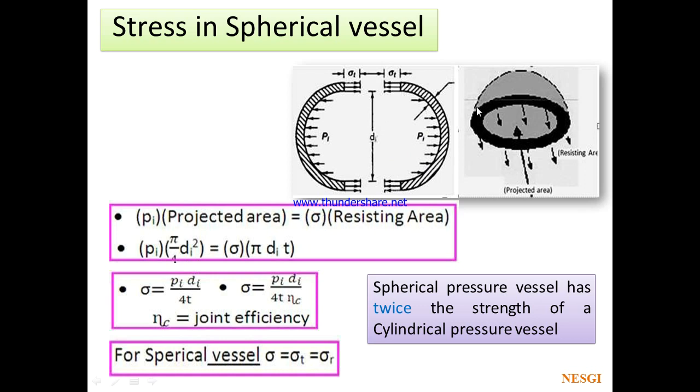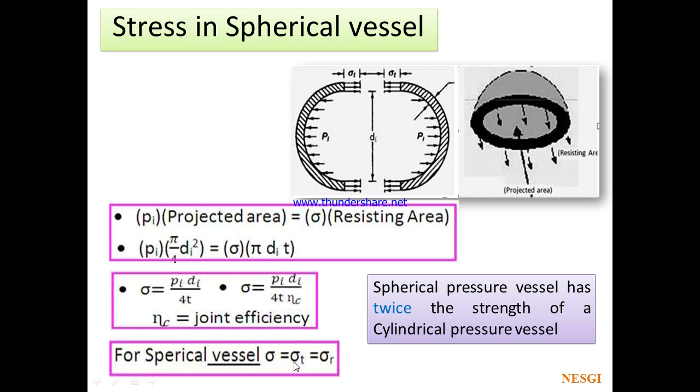For the resistance force, if you project this, you can see this is the projected area. Its area is given by pi into Di into t, so the resistance is sigma into pi into Di into t. If you simplify, you will get sigma equals Pi into Di by 4t. Here we have just introduced eta c, which means joint efficiency.